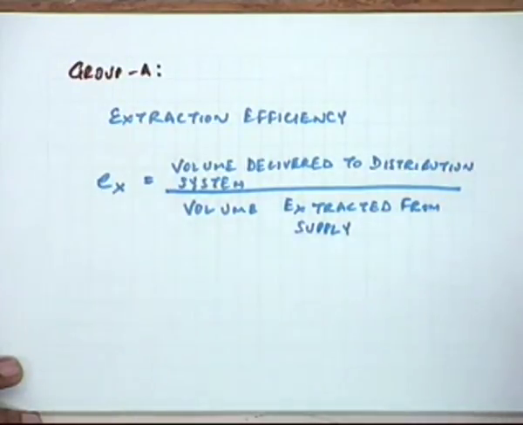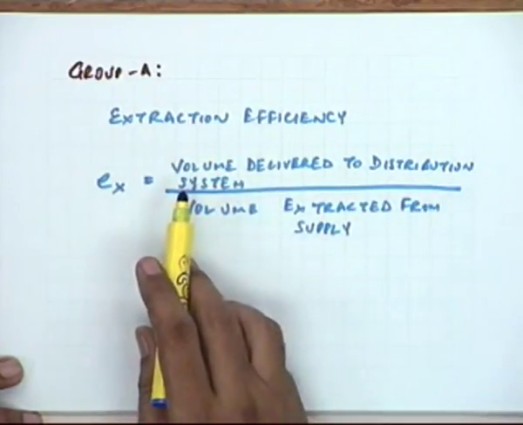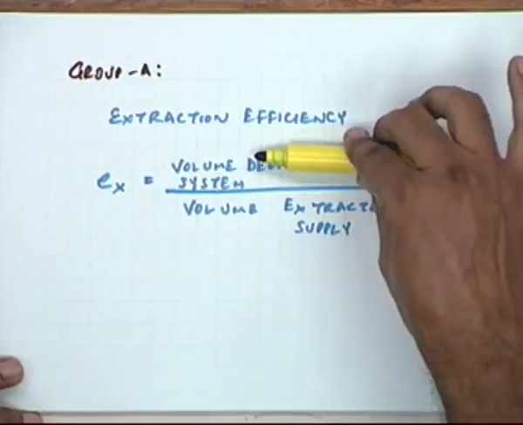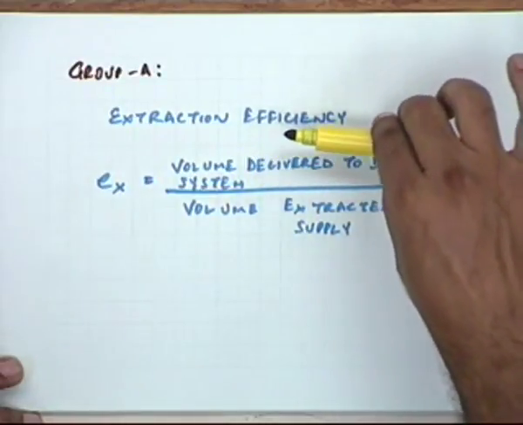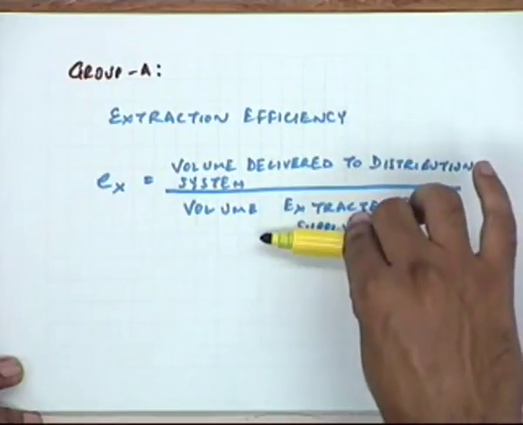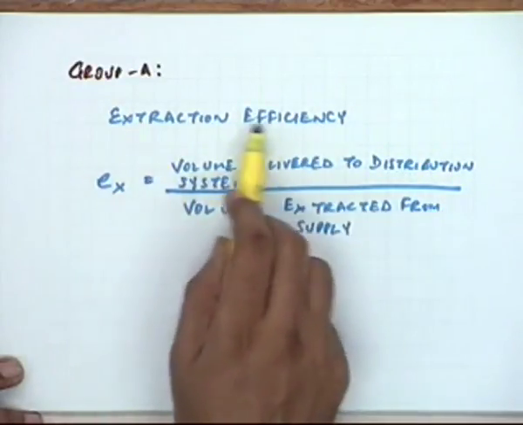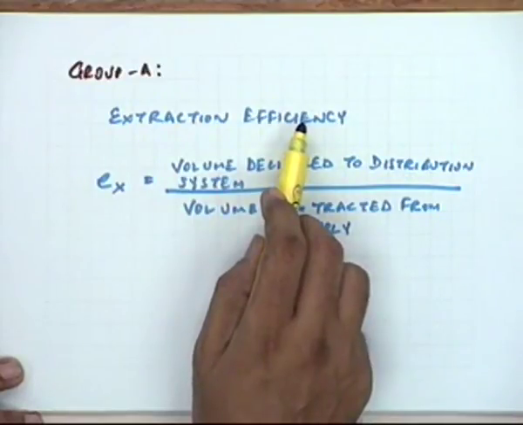From the reservoir you have a river or the canal, and from the canal the water is diverted to the distribution system. So the extraction efficiency will be the water which you have delivered to the distribution system over the water which was released from the reservoir. If there is a loss in between, then the extraction efficiency in that case can be reduced.